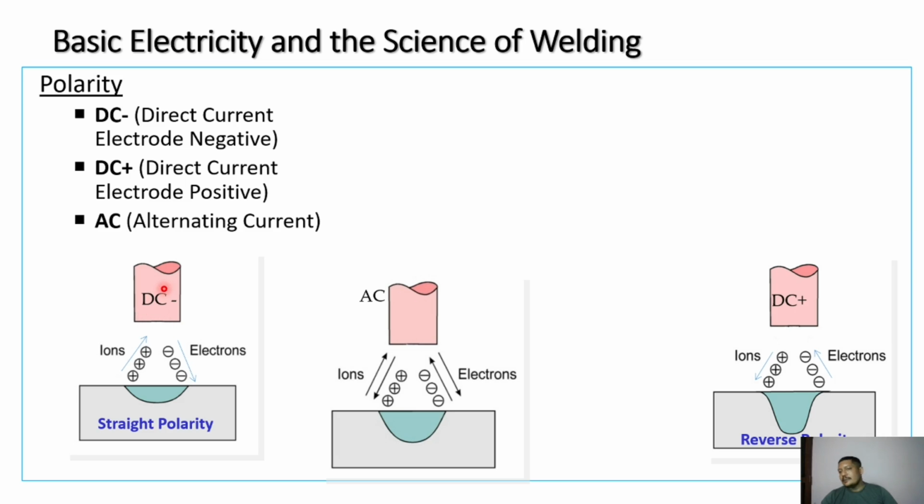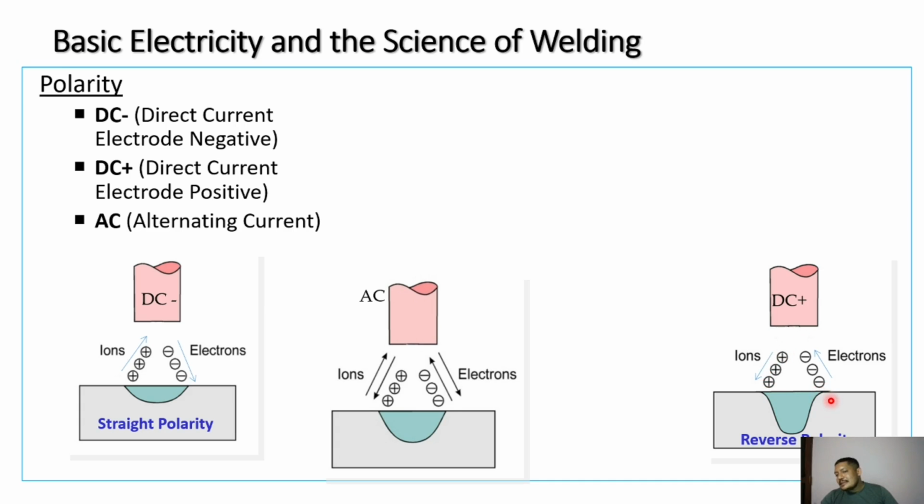Whereas in the case of DC positive, the electrons again move from negative to positive, and the ions move from positive to negative.